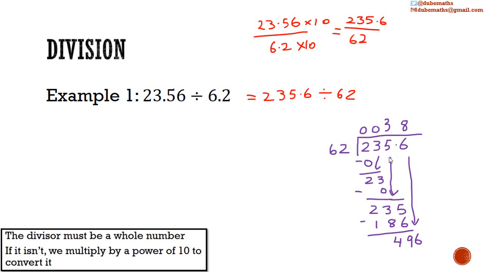The decimal point in the answer goes above the decimal point in the dividend. 8 multiplied by 62 is equal to 496. 496 minus 496 leaves 0. 23.56 divided by 6.2 is equal to 3.8.